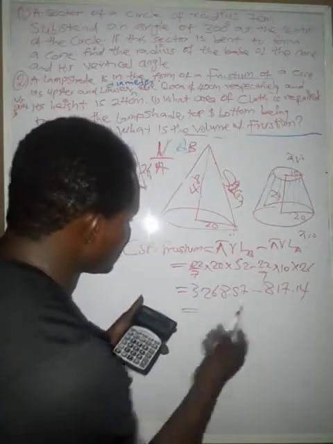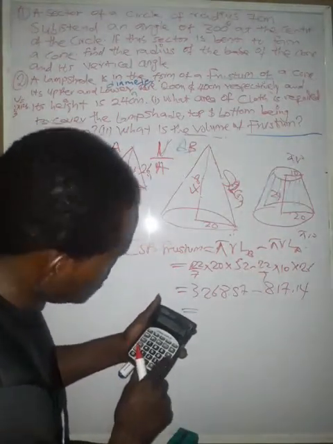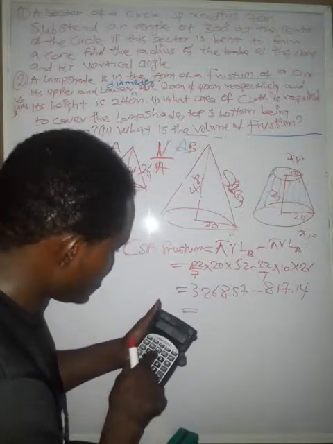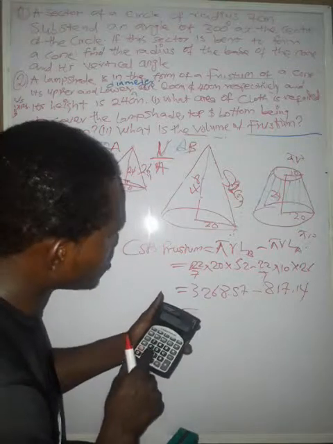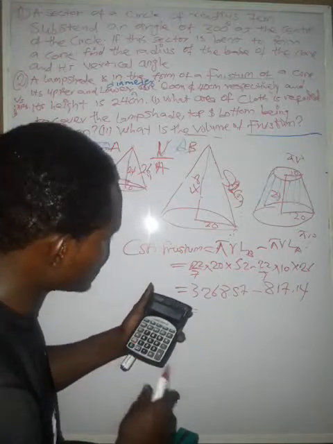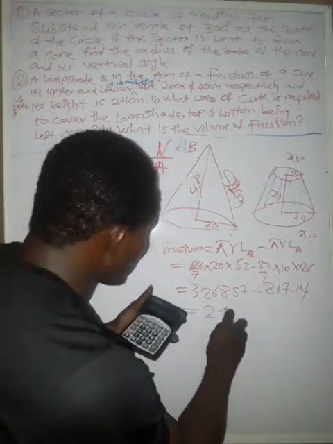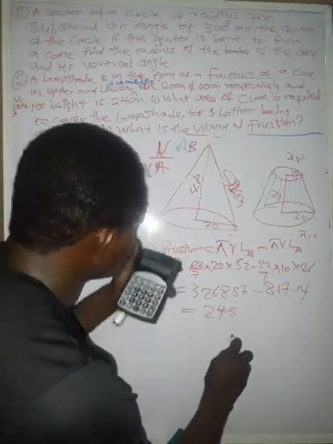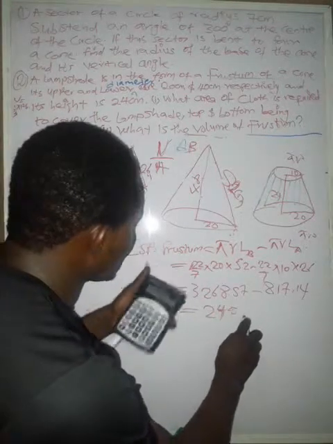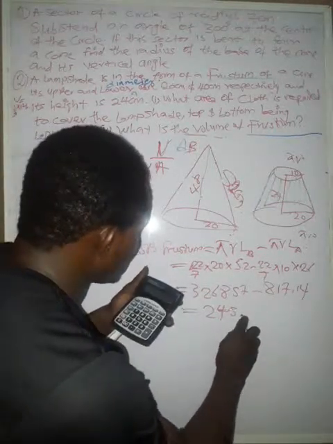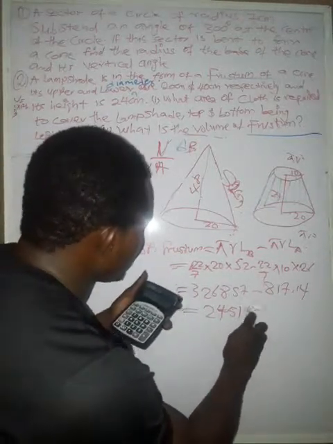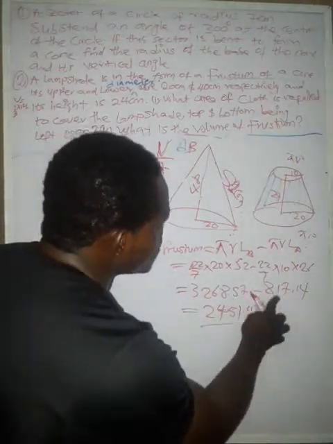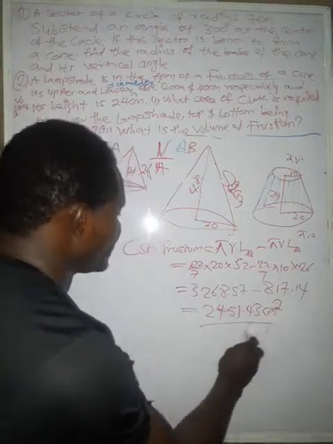So by the time I subtract them, 3268.57 minus 817.14, that gives 2451.43 centimeter squared. Don't forget the unit, it is very important.